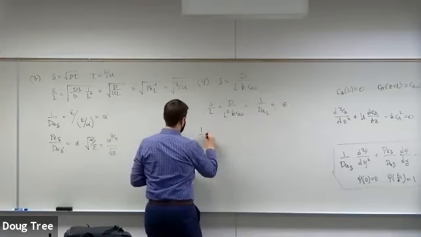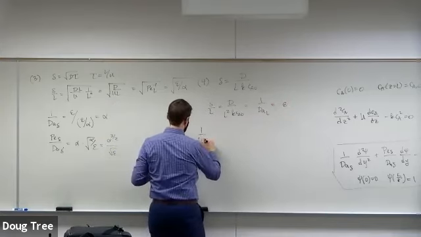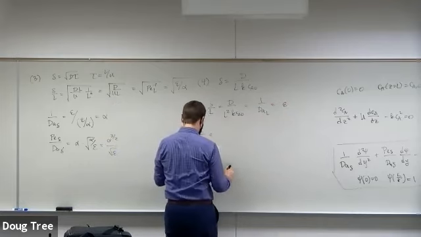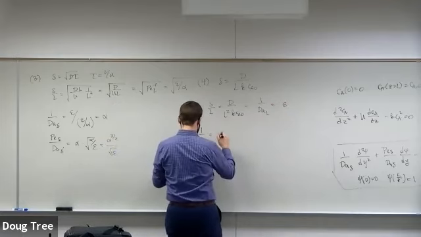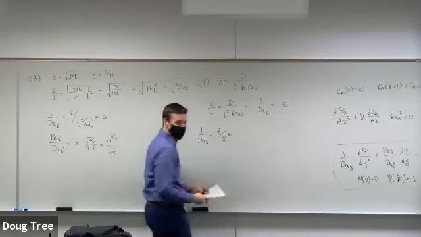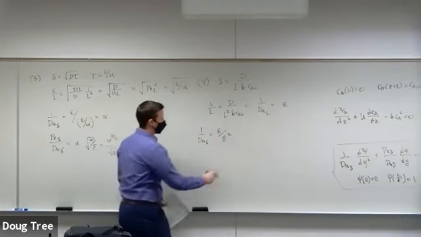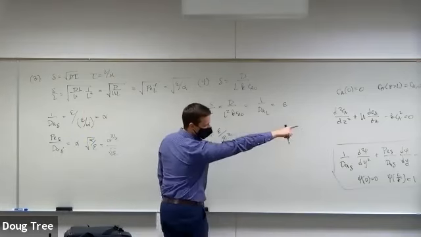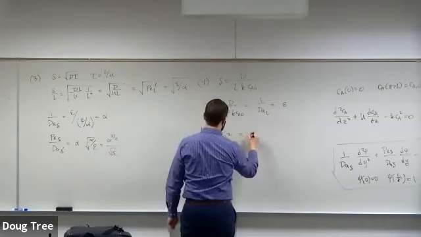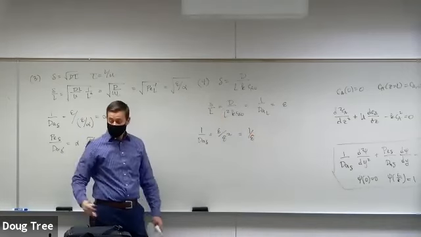So now I can test these. 1 over Damköhler delta is equal to epsilon divided by epsilon squared. Now we didn't have a square root anymore. We had a squared because I have this epsilon, but over there I have a square, and that gives me a 1 over epsilon. So that's okay.